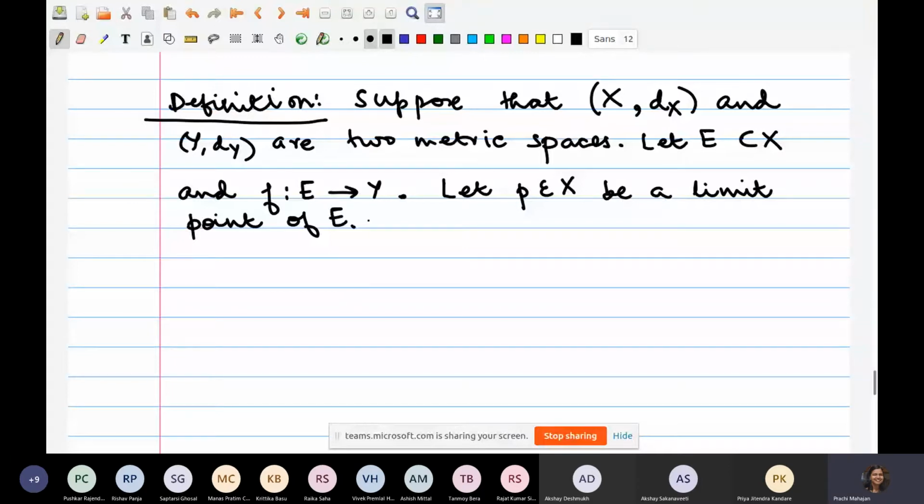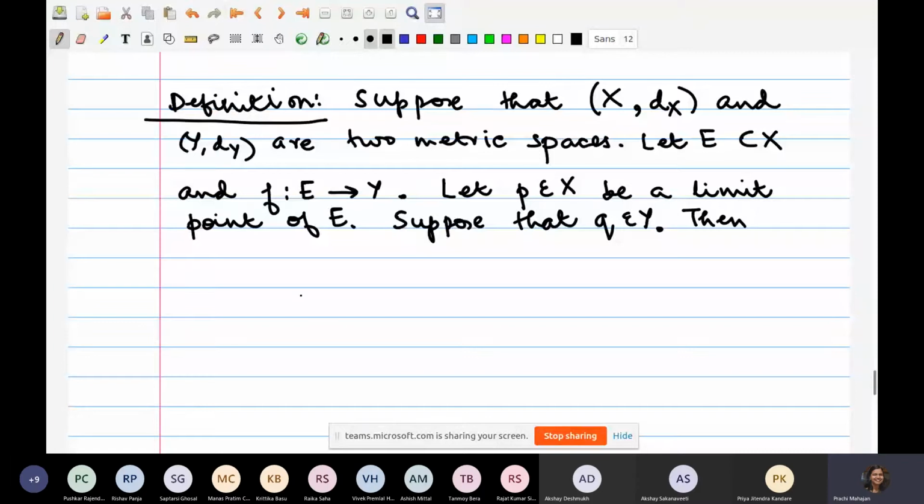I am interested in considering the limit of the function f as we tend to p. Suppose that q is a point in Y.